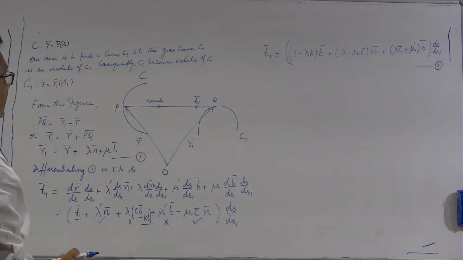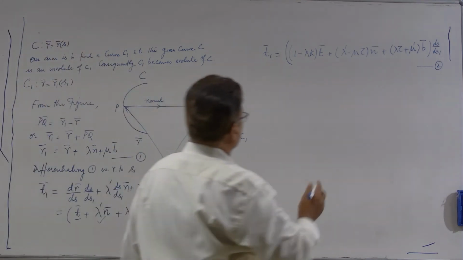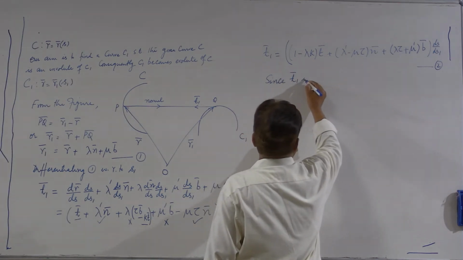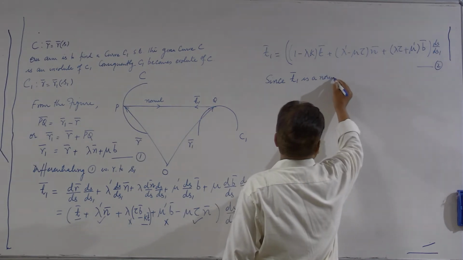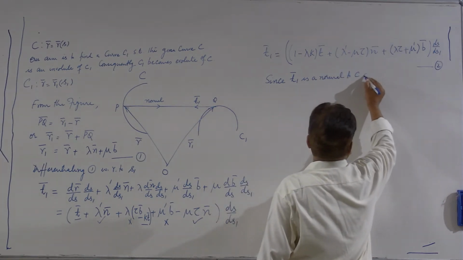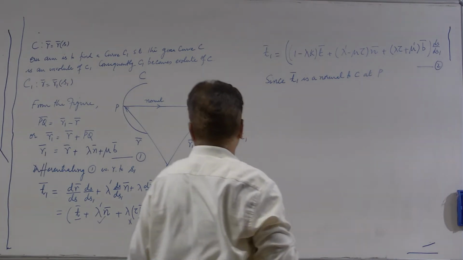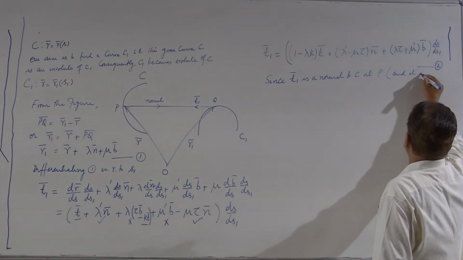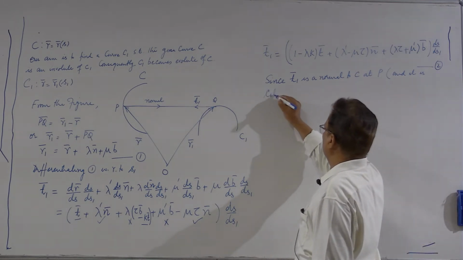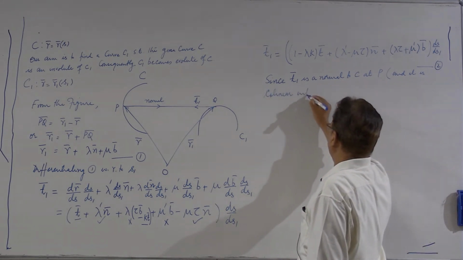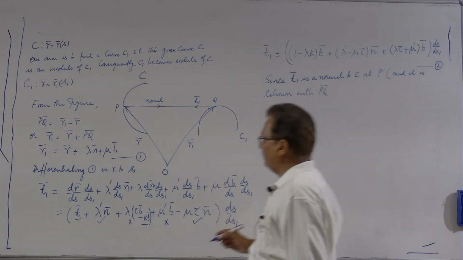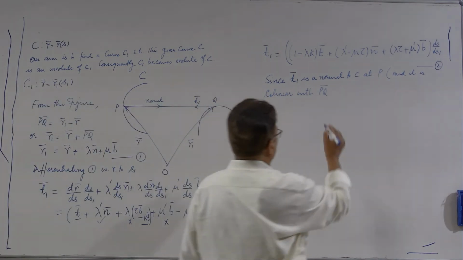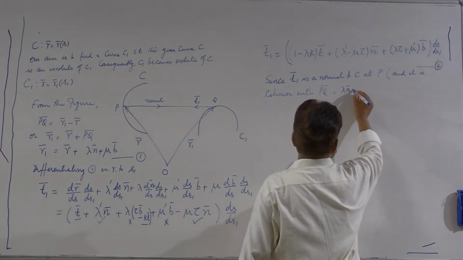So, since T1 is normal to C at P and it is collinear with PQ, and PQ, if you look at PQ, it is lambda times n plus mu times b.